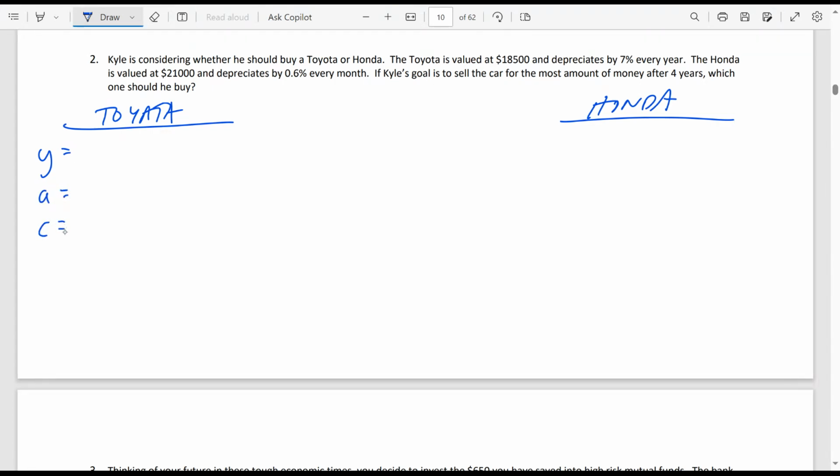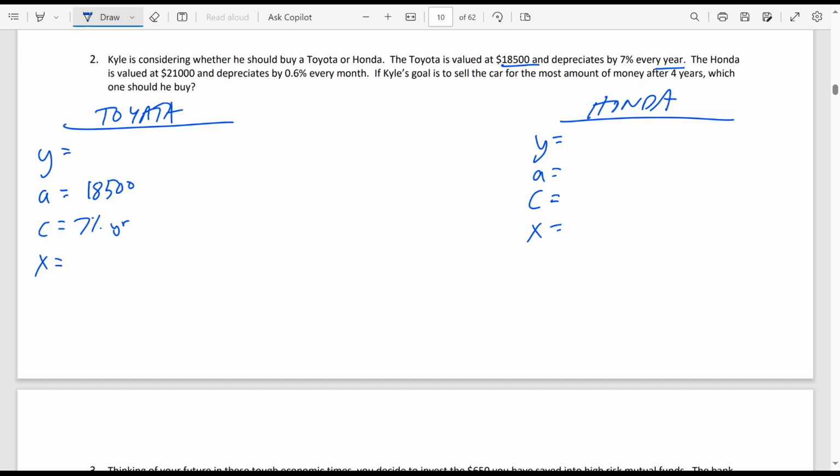We're trying to compare the price of two different cars. So the Toyota is valued at $18,500 when you buy it. It decreases at 7% a year. Now it's important that it says per year, and you can write that next to here if you want, because that's going to help when we get down to the time.